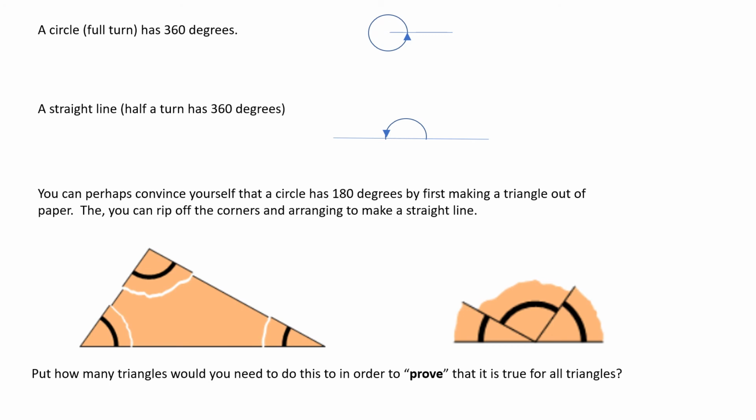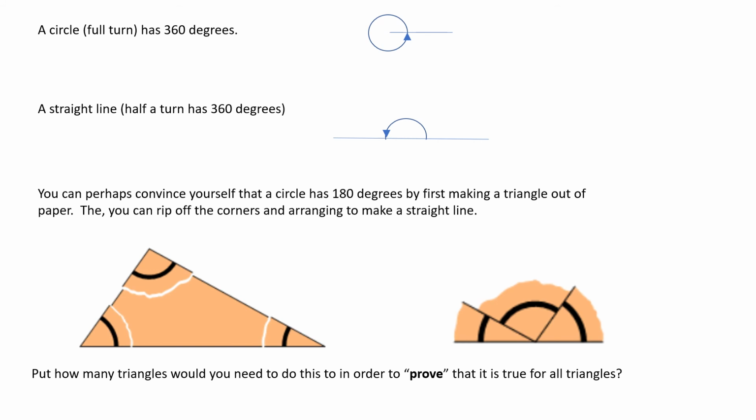So if you halve it, you get 180. Half it again, you get 90. Half it again, 45. And you can divide 360 by 2, by 4, by 6, by 12, by 8, by 36, by 10. Many different numbers you can divide your circle up into. And this is why 360 is chosen.